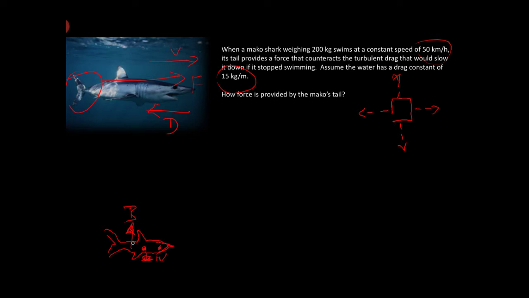Let's see, what else does it have? Well, we just said there was a drag force coming this way, and a force coming that way. So our fin force, F, is going forward, and our drag is going backwards. That's actually the meat of the problem.